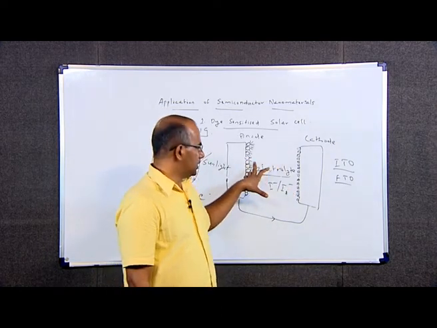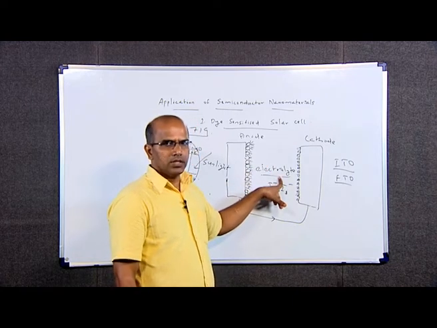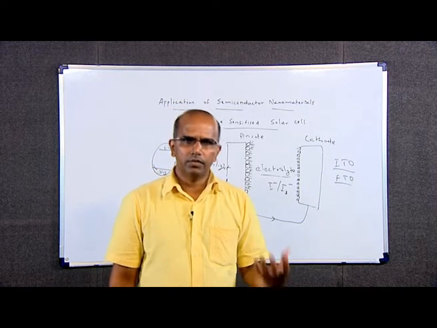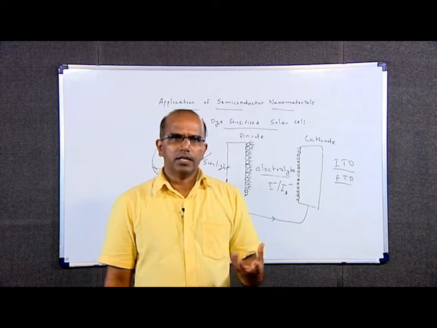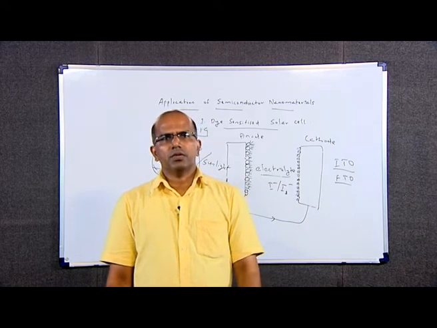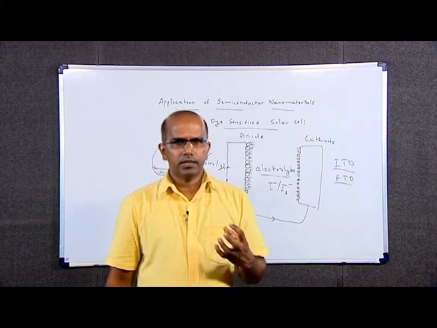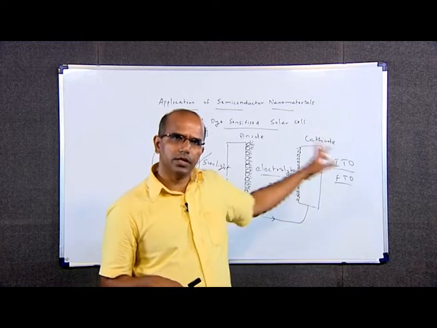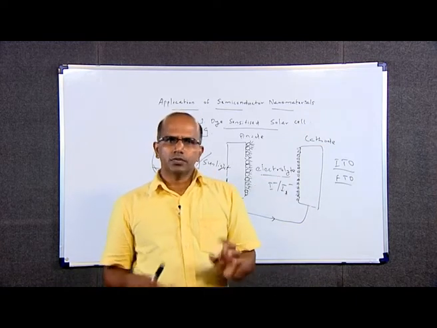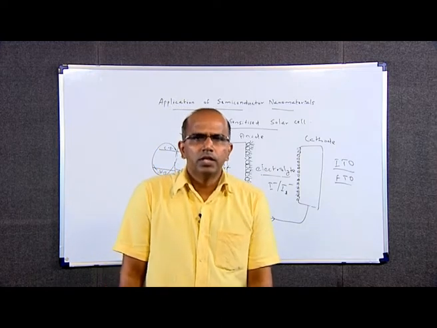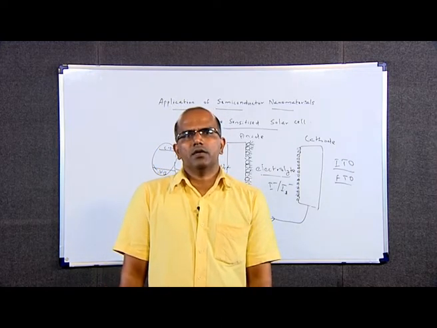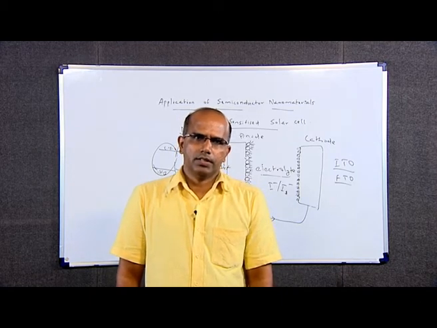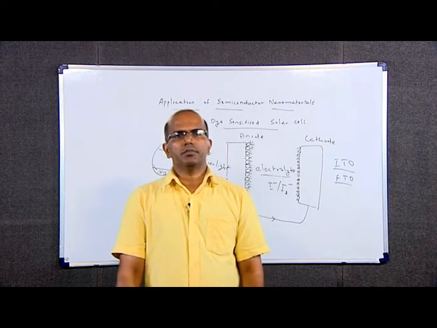So, it should take one electron from the electrolyte. That electrolyte should be ready to give that electron, then only the dye will be regenerated, otherwise the dye will be less stable. Otherwise electrons cannot move, and continuous flow of electrons will not happen. So, for dye regeneration, the oxidized state level of the dye must be more positive than the redox potential of the electrolyte. That is also a very important condition.